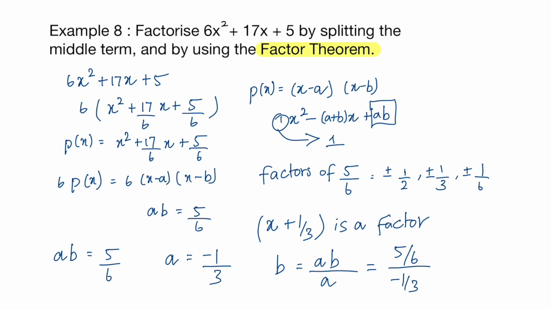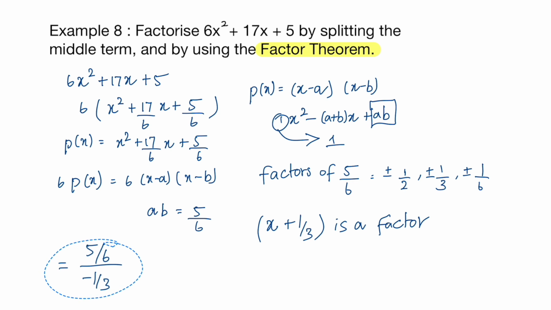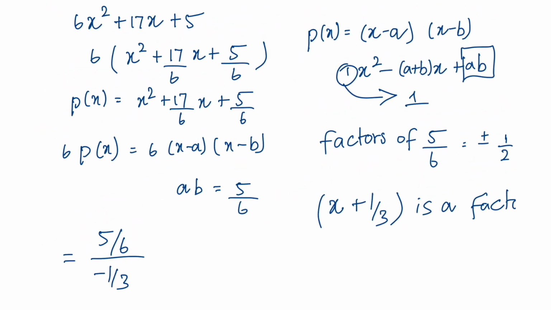Okay, so these kind of things we have learned how to solve them. How is that? Let me just move this over here and I'll tell you. Now dividing, instead of dividing you can multiply by its reciprocal. So 5 by 6, instead of dividing you are going to multiply by its reciprocal, which is minus 3 by 1.